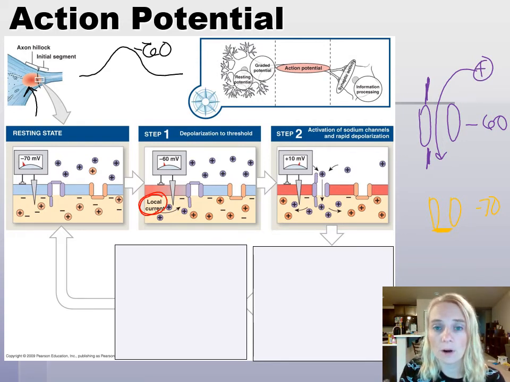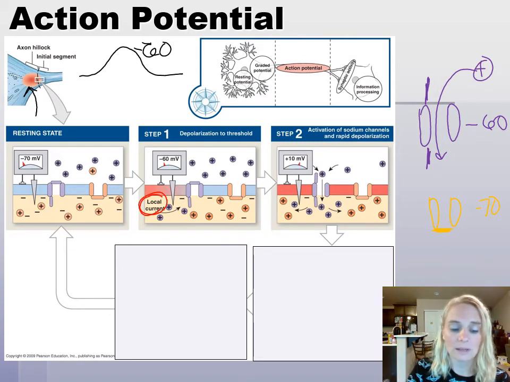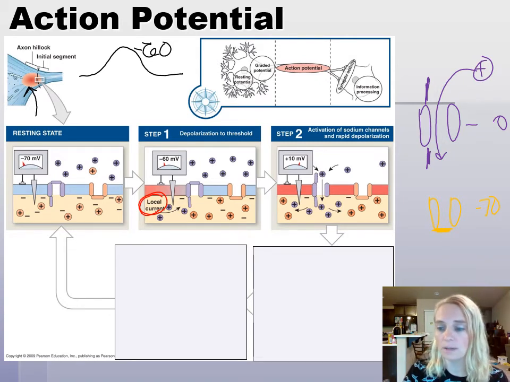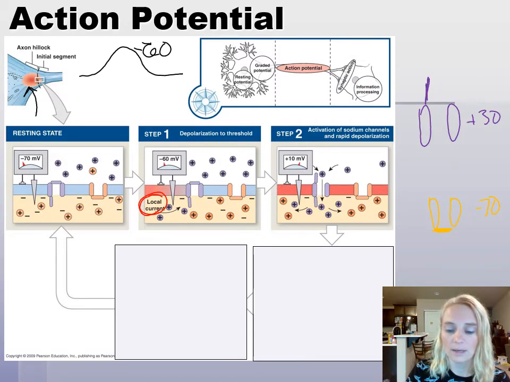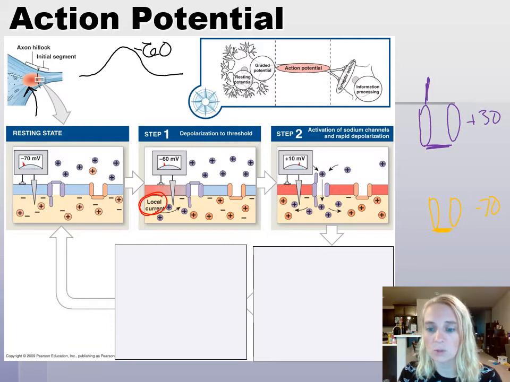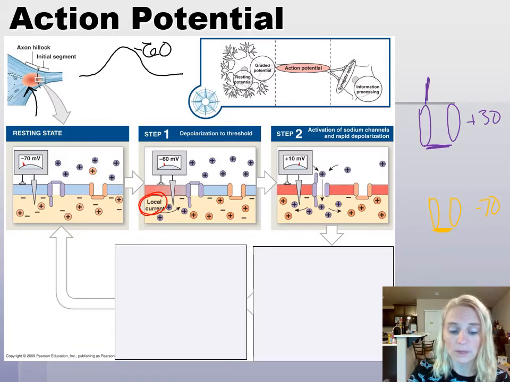But if you remember in our conversation with voltage gated channels, that bottom gate, that inactivation gate, closes at +30. So if we continue to let sodium rush in until we reach +30, what's going to happen? The inactivation gate closes, so no more sodium comes in. We're done with sodium. But also, here's the magic number for the potassium gate.